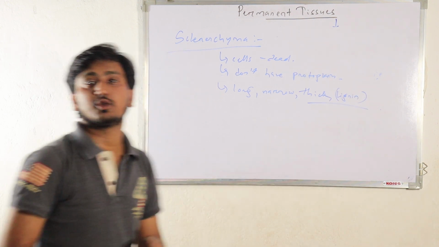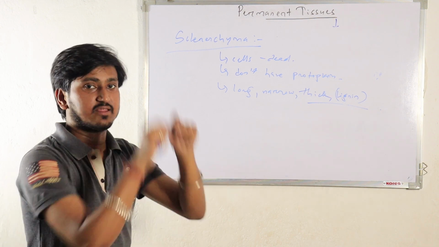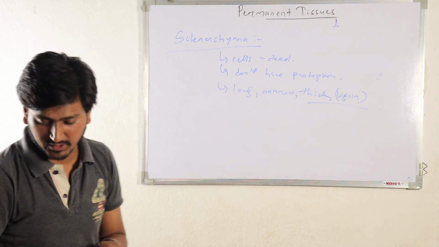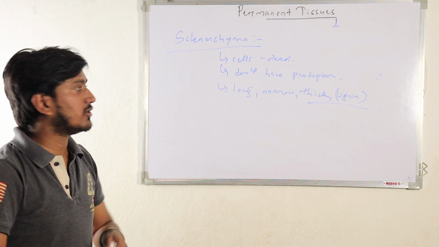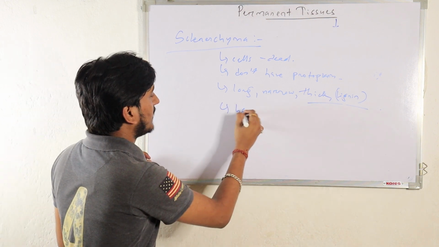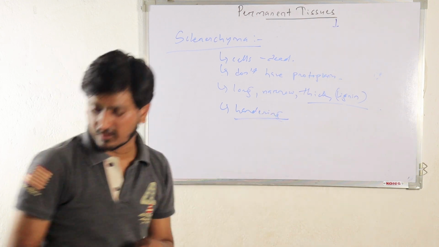The cell wall is said to be lignified because of the presence of the compound called lignin, due to which the cell wall becomes very thick. Due to lignin, the cell wall is thickened and also becomes hard. Hardening of the cell wall is done due to the presence of lignin.